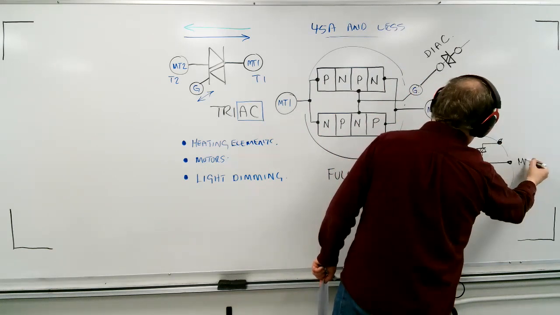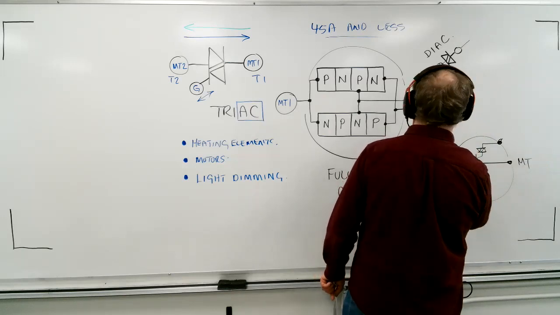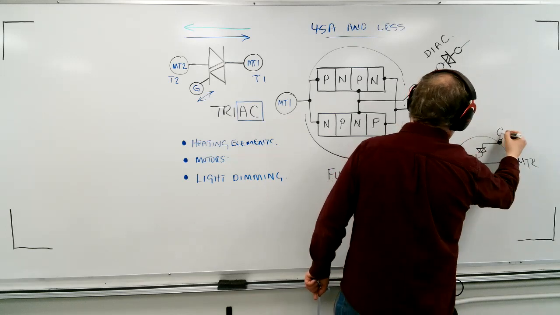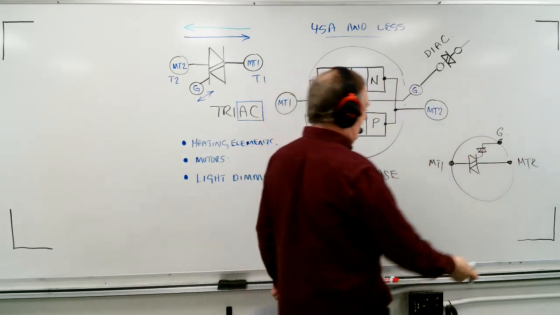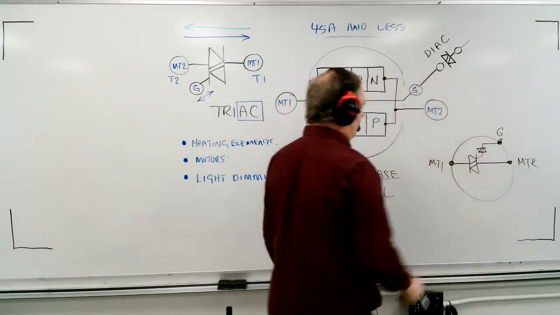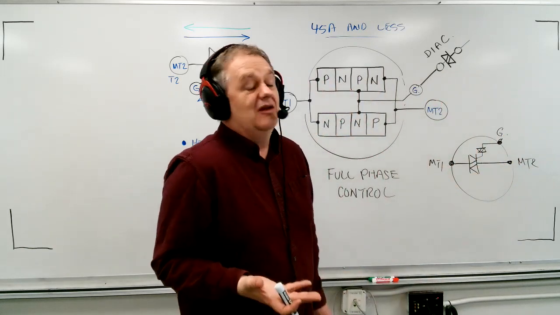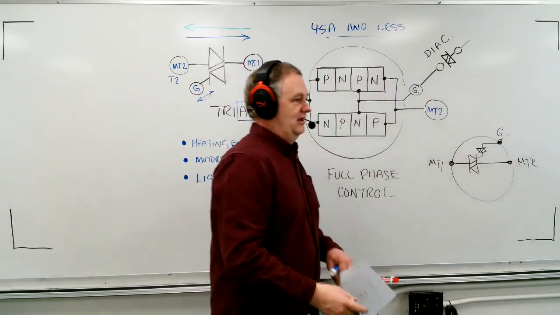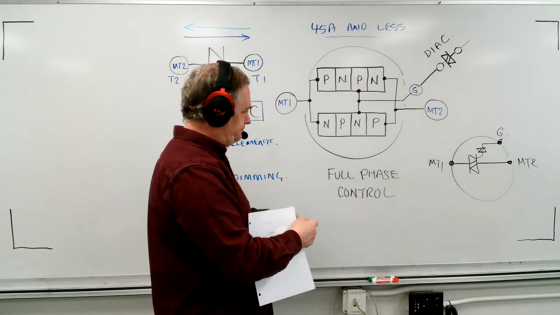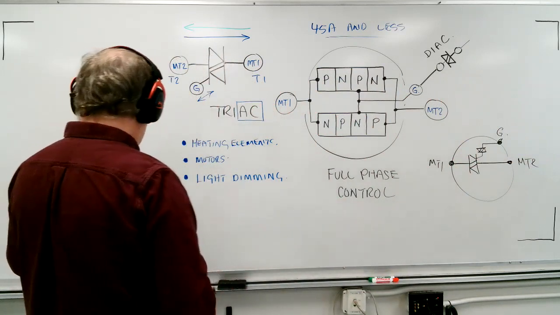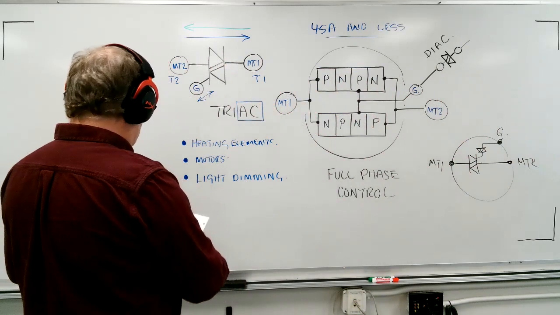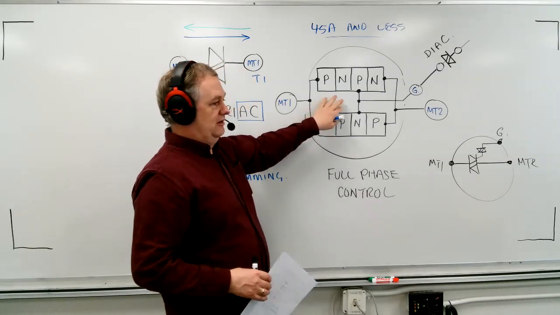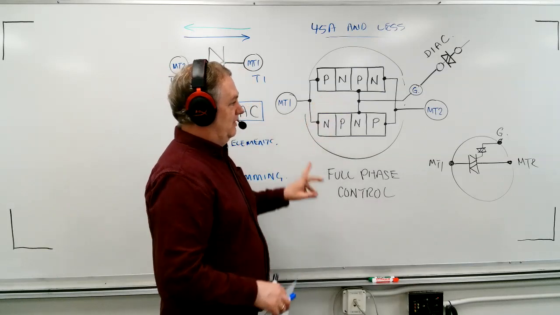And so this would be MT, in our case I've been using 2, MT2, this would be MT1, and this would be the gate. So it's actually a triac diac pack, and it's assembled as almost one component. Okay, and so these are used extensively in lighting control. So the actual downfall, I guess I might say, of this particular component is there's one thing about it.